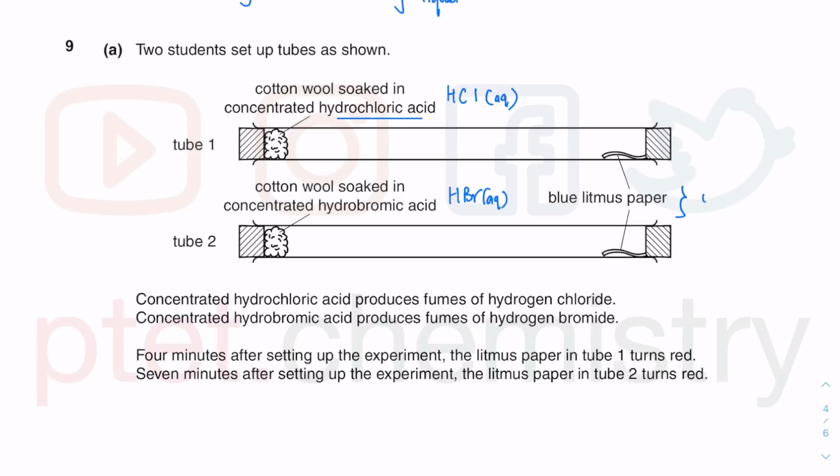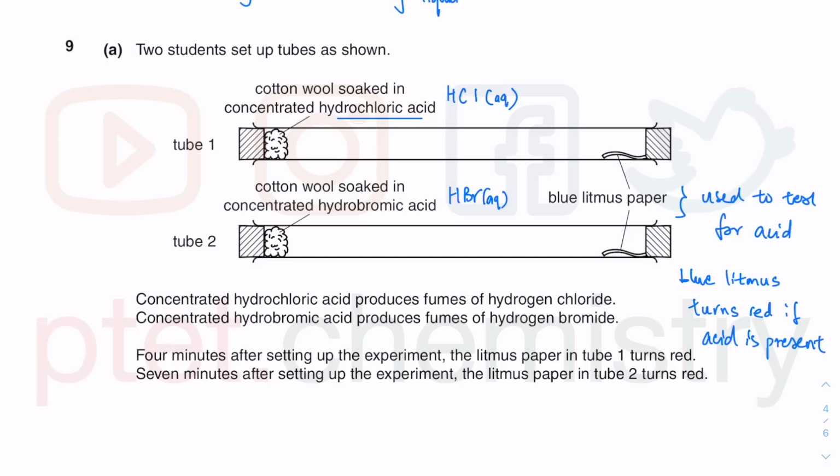Blue litmus paper is used to test for acid. So what you get are acids, and whichever comes across to this end a bit faster, the blue litmus will turn red in contact with an acid.